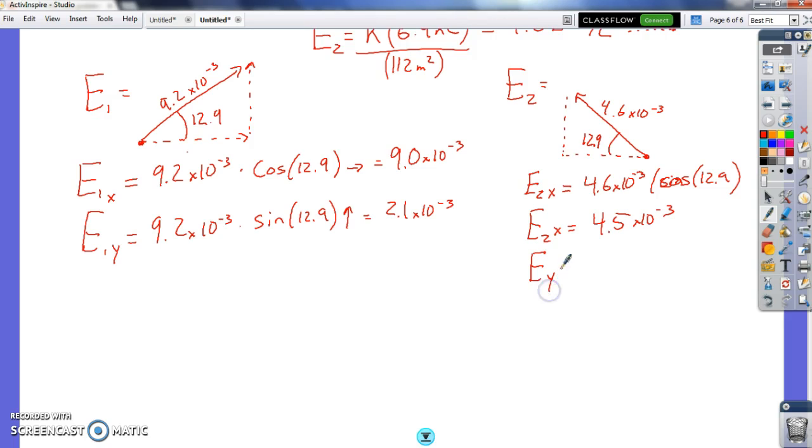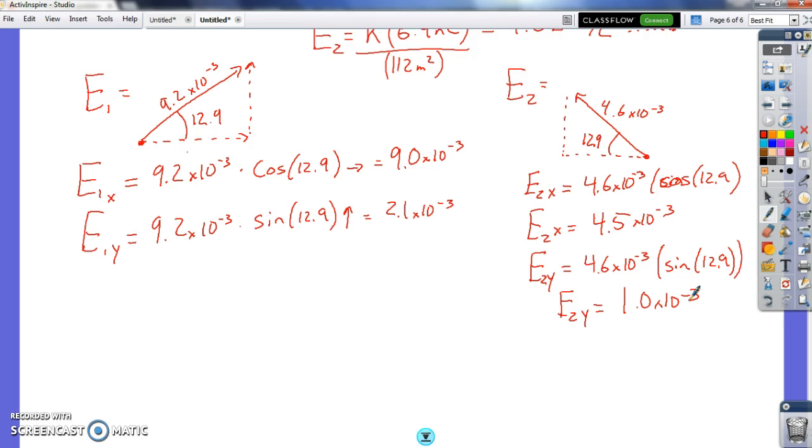E2y is going to be 4.6 times 10 to the negative 3 times the sine of 12.9. And that means that our E in the y direction is going to be 1.0 times 10 to the negative 3. And now we can add them all up together.